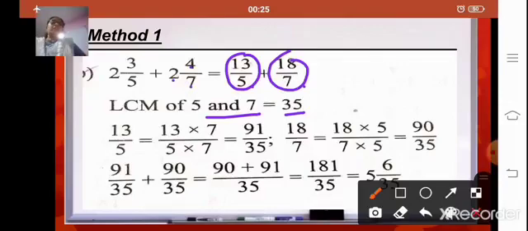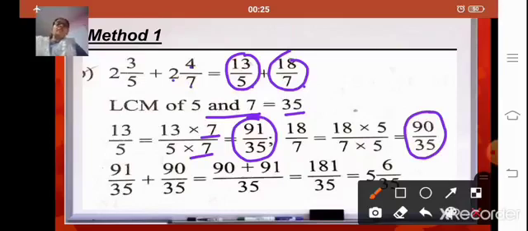The first fraction, 13 upon 5, you will multiply by 7. You will get 91 upon 35. And 18 upon 7, when you convert it into a like fraction, you multiply both the numerator and the denominator by 5, and you get 90 upon 35.